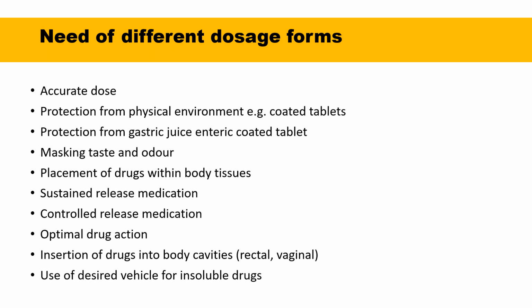Placement of drugs within body tissues. Sustained release or controlled release medications for the requirement of optimal drug action. Insertion of a drug in various body cavities, for example rectal or vaginal, and use of a desired vehicle for insoluble drugs.